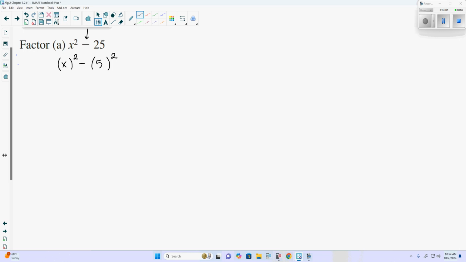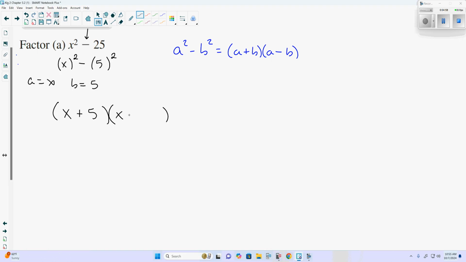So a is x, b is 5. According to the general theorem, a squared minus b squared is equal to a plus b times a minus b. So in our case, this would factor to x plus 5 times x minus 5.